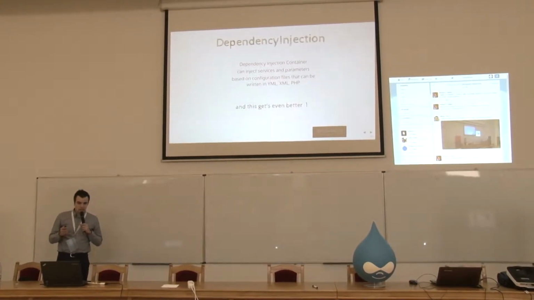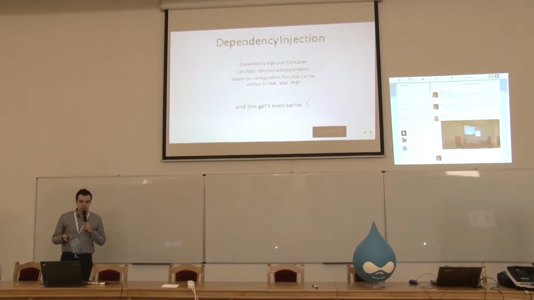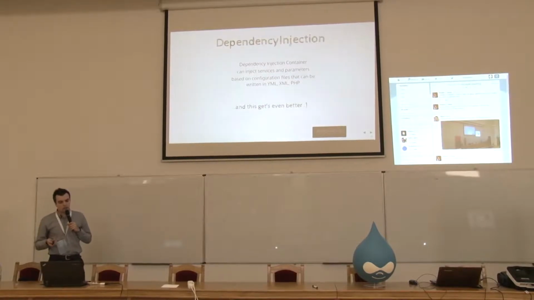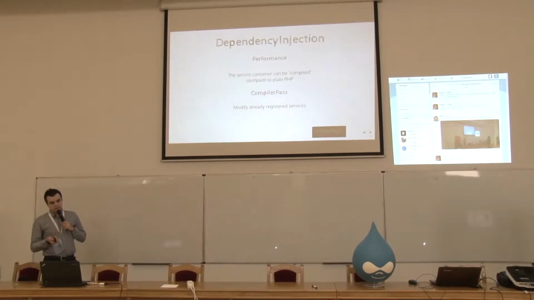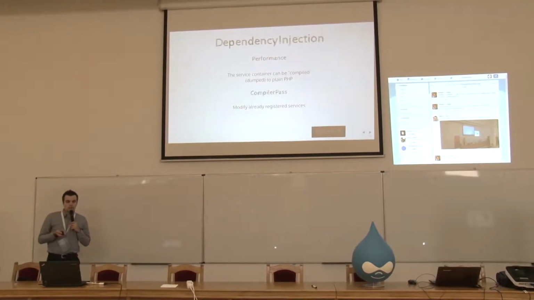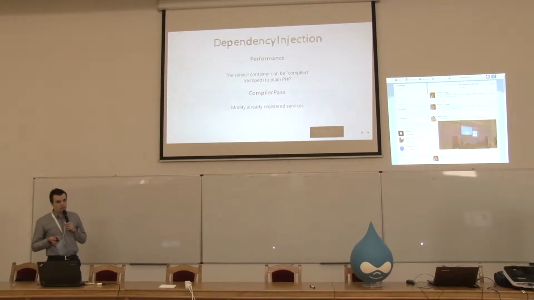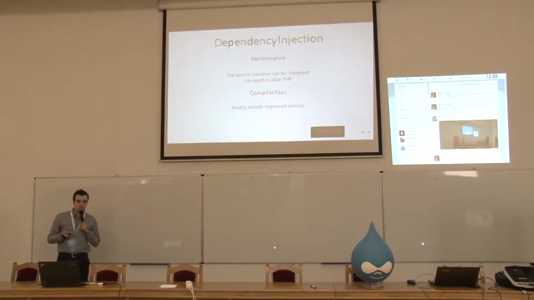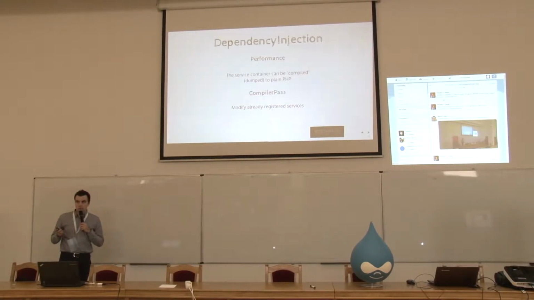But you would say that this would slow your code because it has to read the YAML file to build the dependencies, and you can use it only after that. But no, because the service container can be compiled into plain PHP. This means that when you need anything from the dependency injection container, it's calling a simple PHP method.